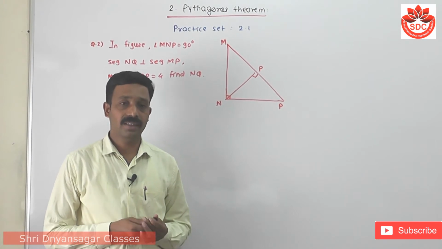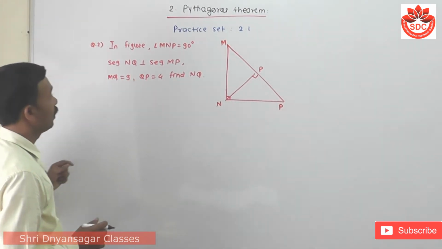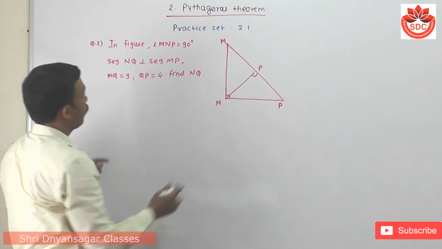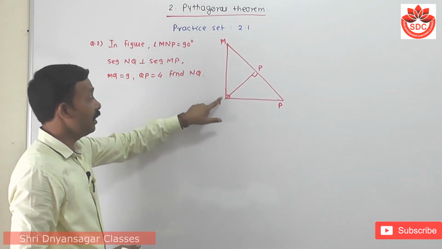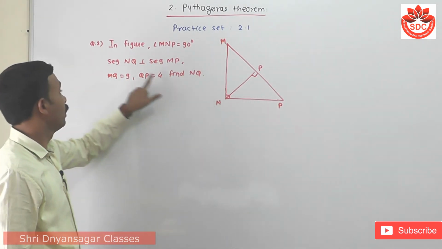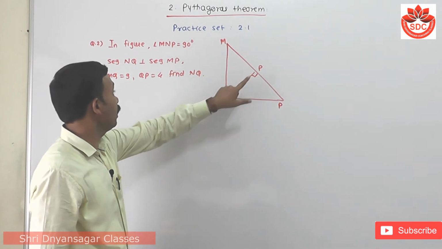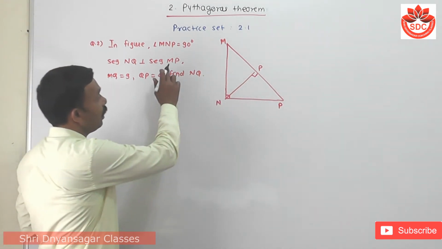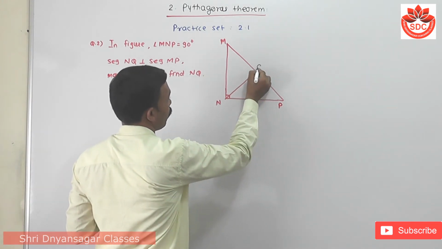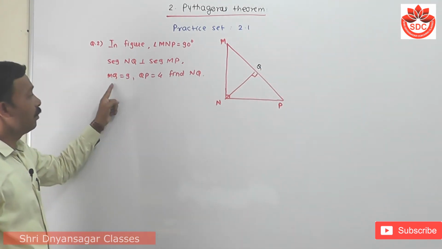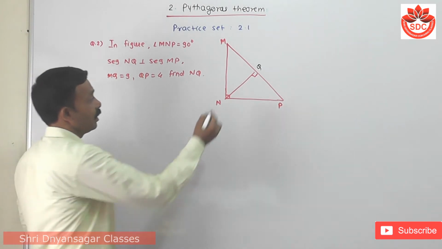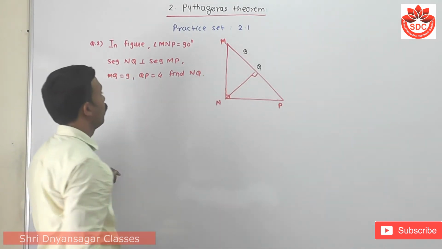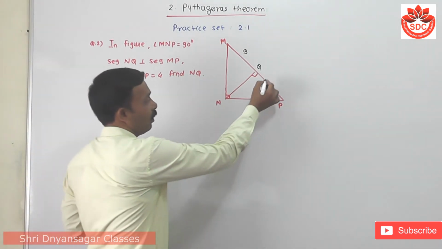Let's see the next question. Question number two. In this figure, MNP, angle N is 90 degrees. Segment NQ is perpendicular to MP, with Q the point. MQ is equal to 9, QP is 4.